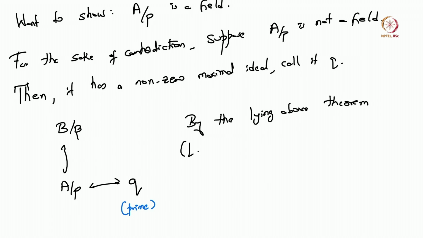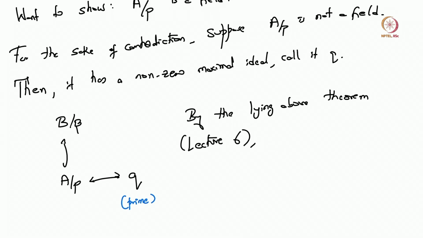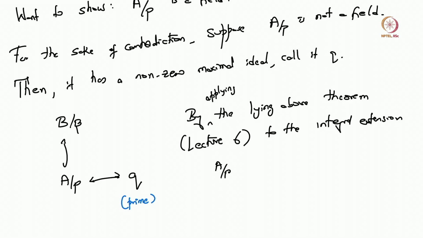So this was done in lecture 6. We apply the lying over theorem to the integral extension, say A over P inside B over beta.